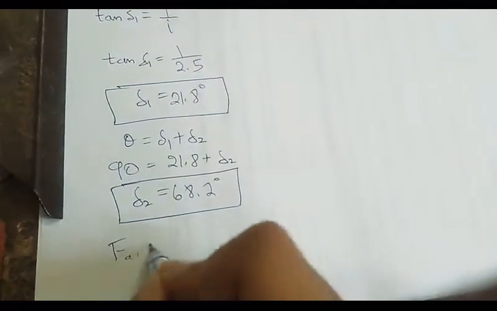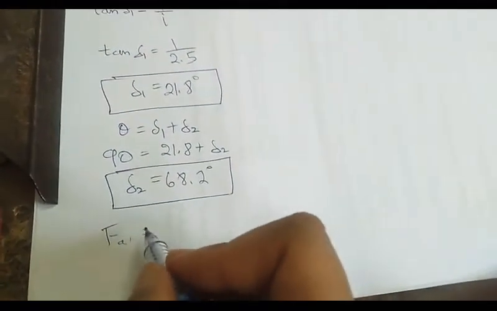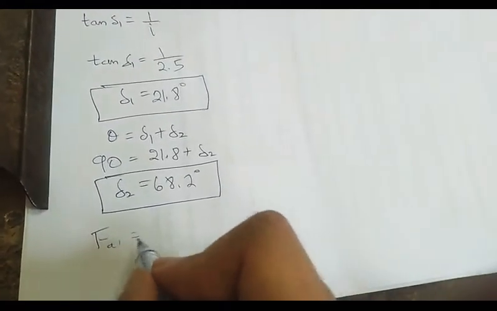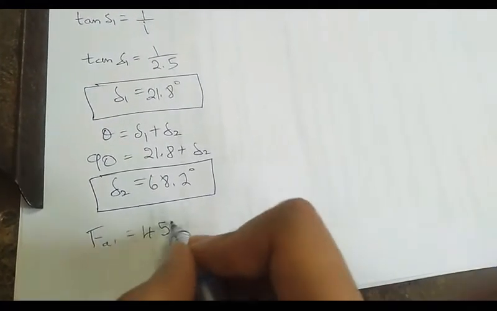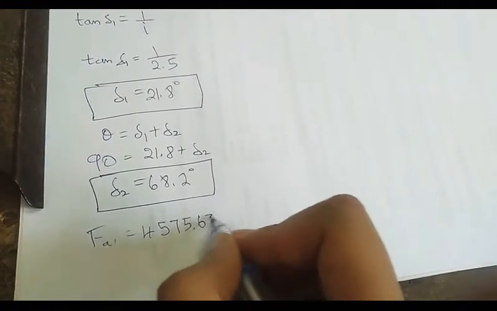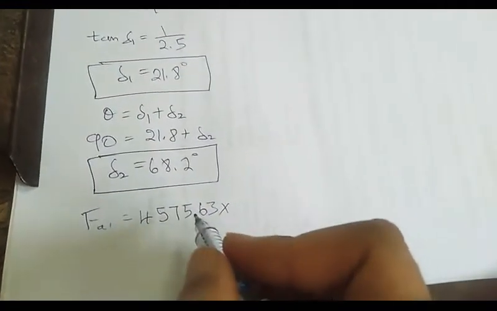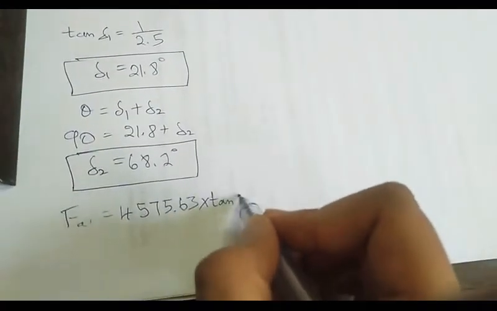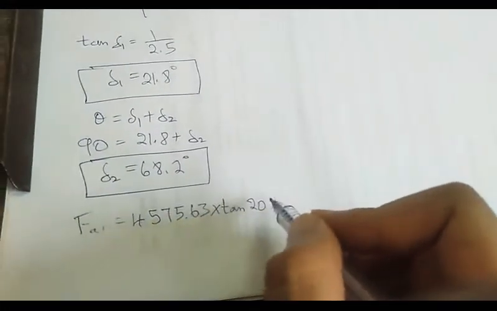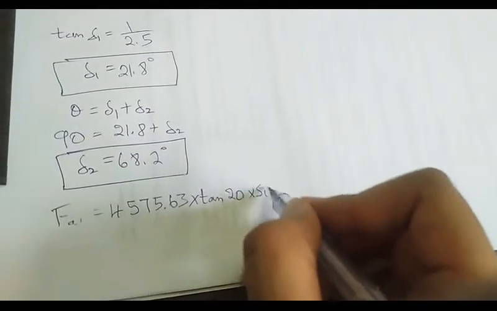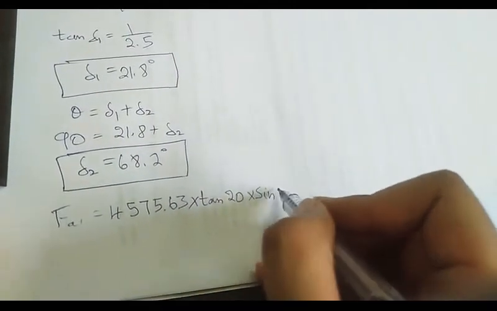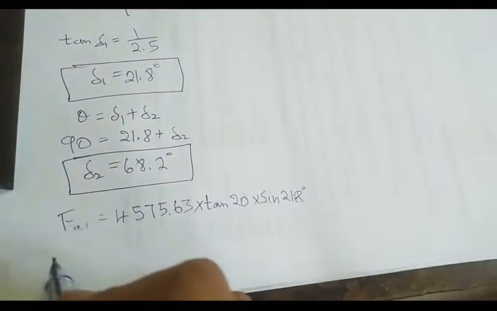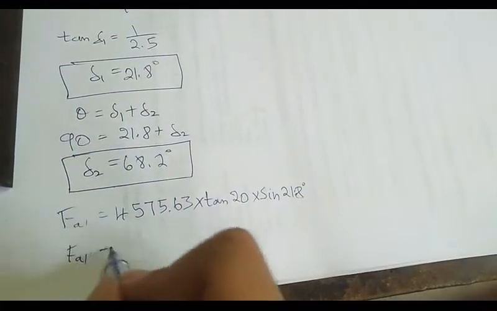Now I'll find FA1. FA1 is equal to FTE, 4575.63, into tan alpha, where alpha is 20 degree, into sin delta 1, where delta 1 is 21.8 degree.